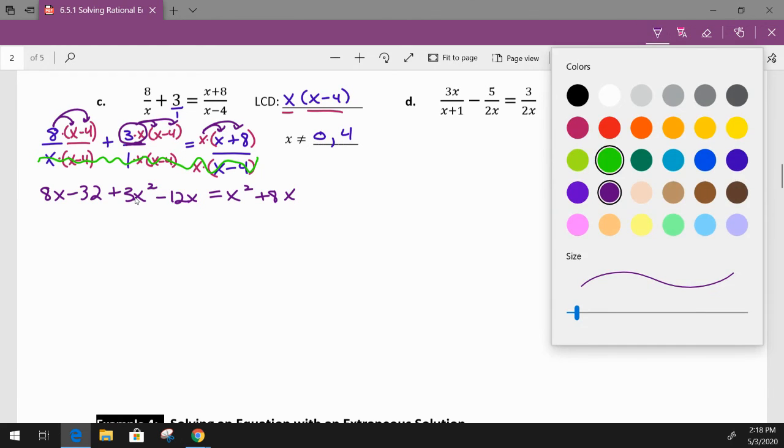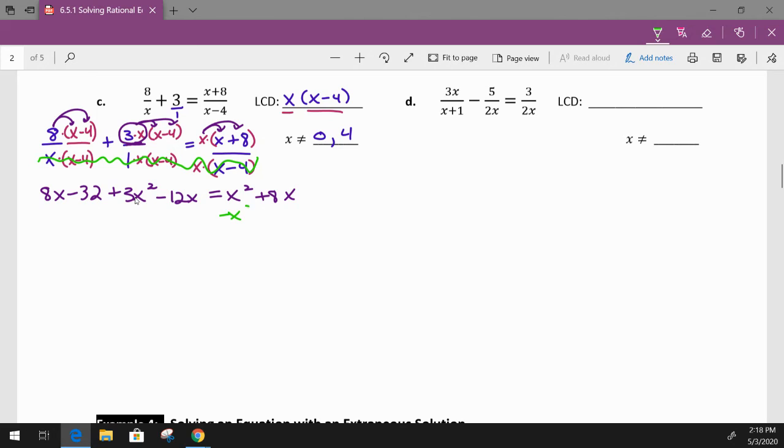So I am going to subtract x squared to eliminate the x squared that's on the right, and subtract 8x from both sides, which will eliminate this 8x and that 8x, that's convenient. But now I'm going to rewrite my new equation, and I want to put it in the right order.